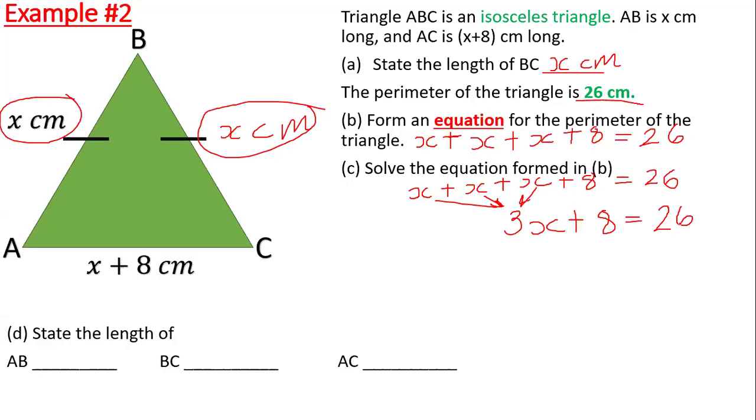What we're going to do at this point is send the 8 over. It was a positive 8. When we send it over, it becomes a negative 8. So you have 26 minus 8, and it's going to be 3X.